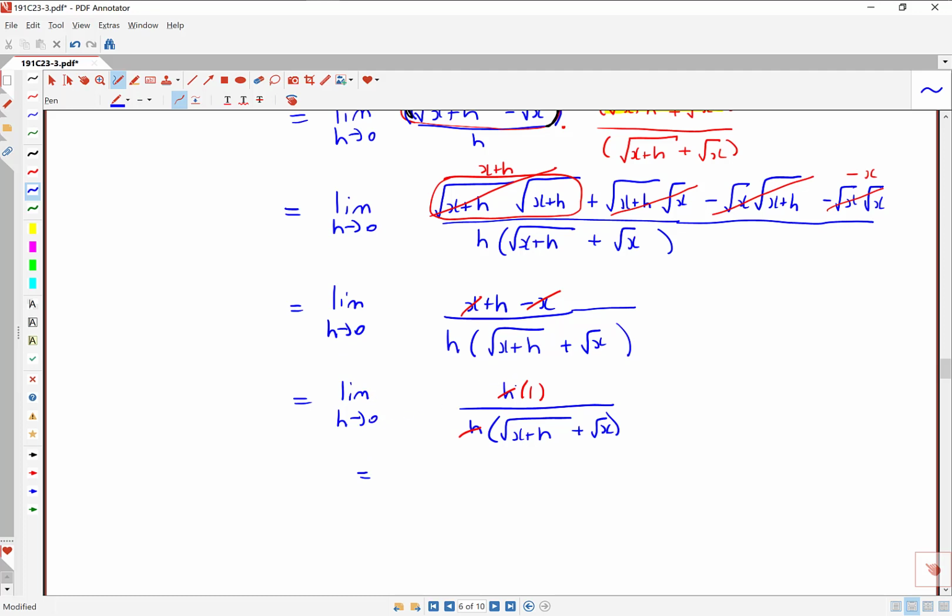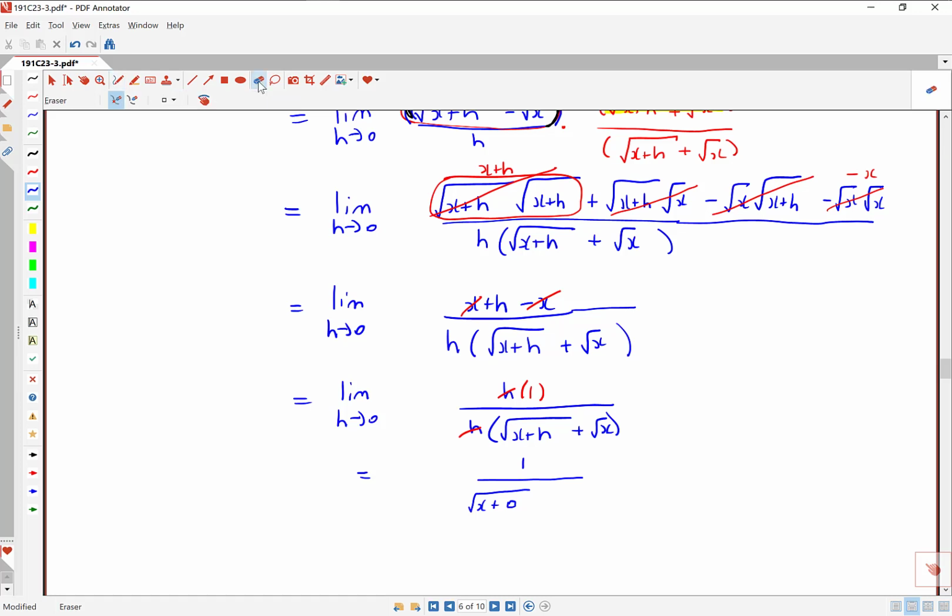At every previous step, we had 0 over 0. But now that we've managed to cancel that factor of h, we've got a nice 1 on top, and we've just got our conjugate radical in the bottom. So let's drop our limit sign. We're actually going to plug in h equals 0, and we're getting 1 over, well, this guy would be root x plus 0.